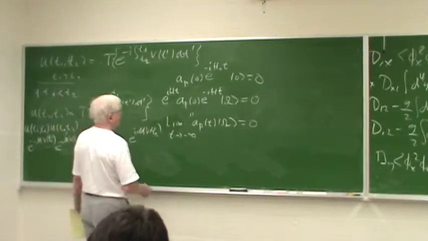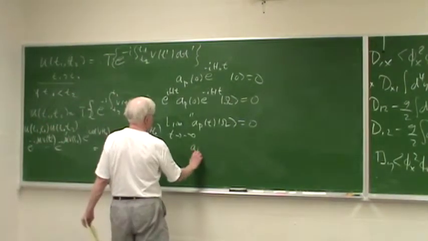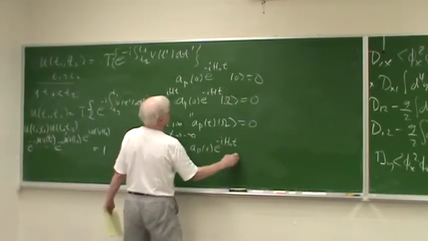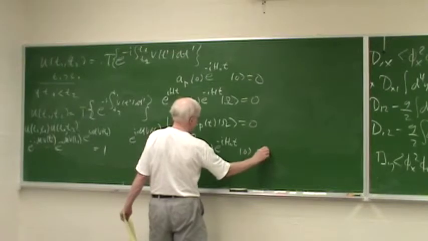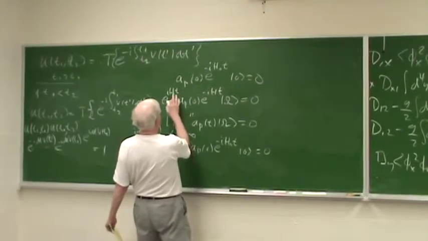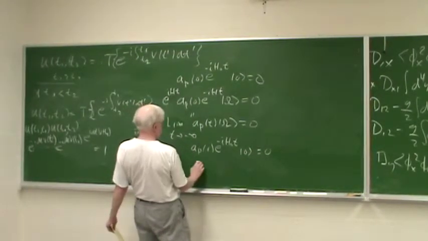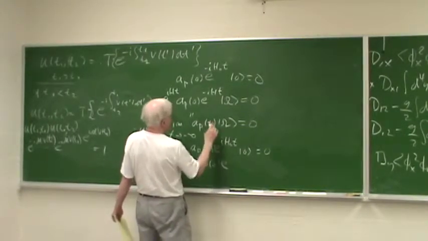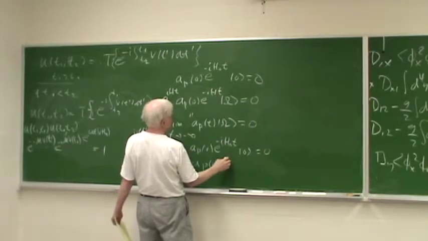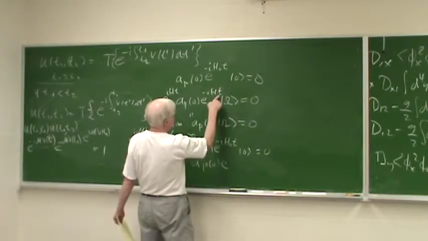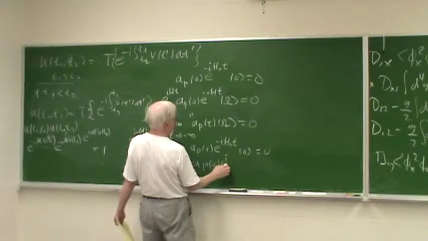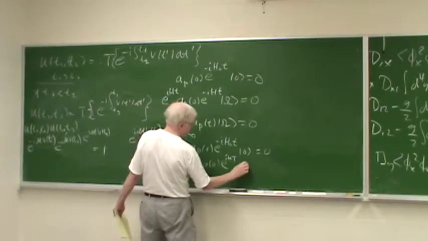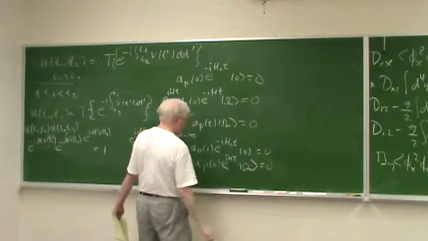So what we've got basically is A_p of 0, e to the minus i H0 t, any old t, on 0 is 0. Then we can cancel this factor, which is just a unitary factor. We have A_p of 0, e to the i H, big T, on 0 is 0.